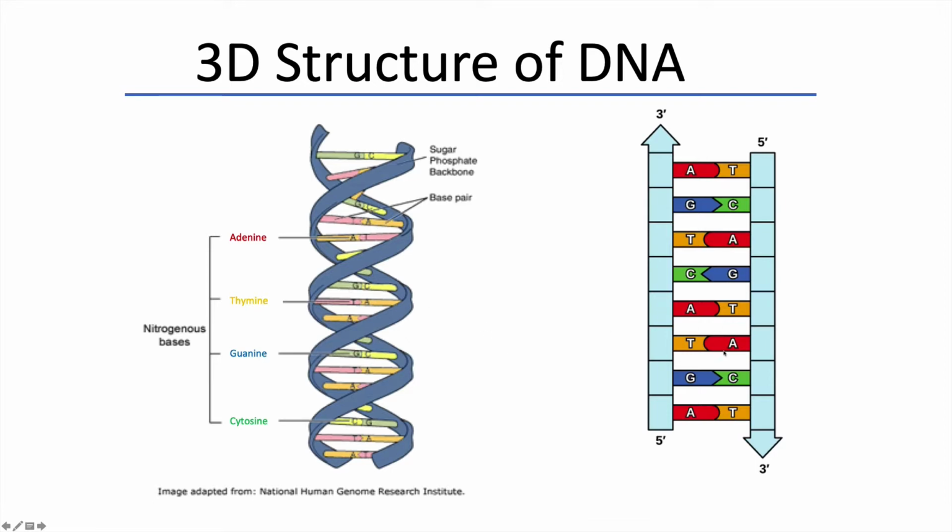Once again, if we flatten this structure, we can see here in this cartoon that the backbone is oriented in opposite directions. One strand is oriented in the 5' to 3' direction, and the other is in the opposite direction. We can also see once again the ATGC obligatory base pairing.